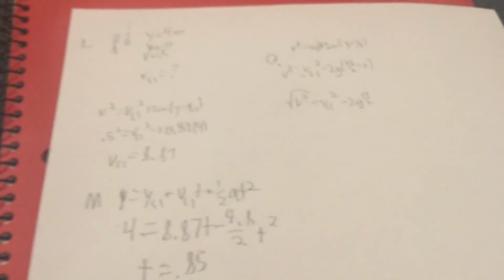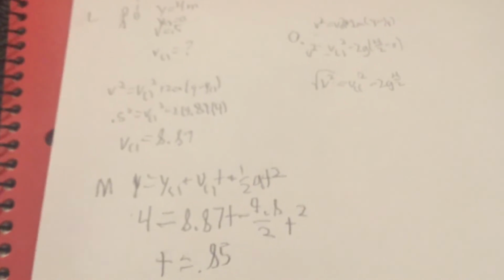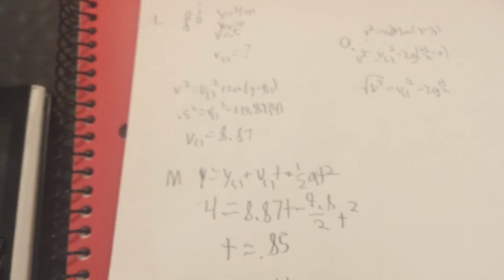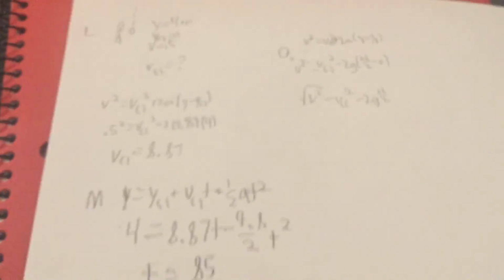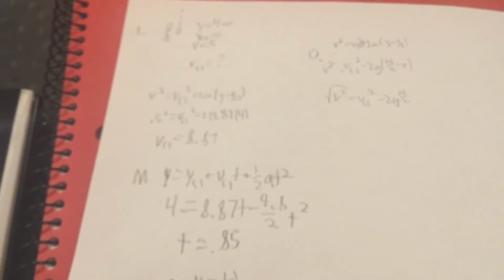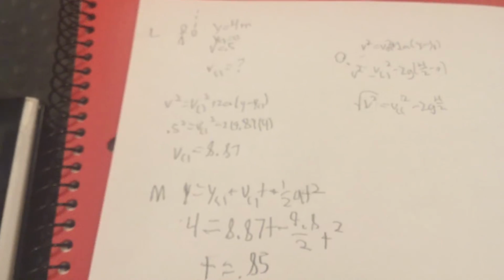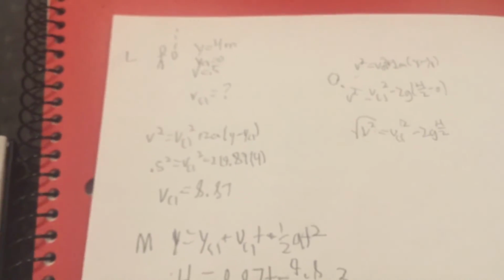Hello, Professor Lohman, we're back. The video cut out because there was not enough space, so it was too long, so I have to split this up into 2 parts. So we were just about to finish the last question, and I also noticed that on the previous question, part L, we didn't put the units.